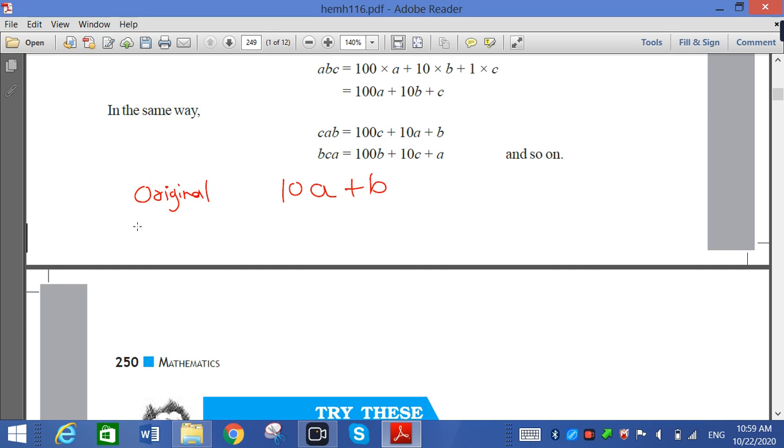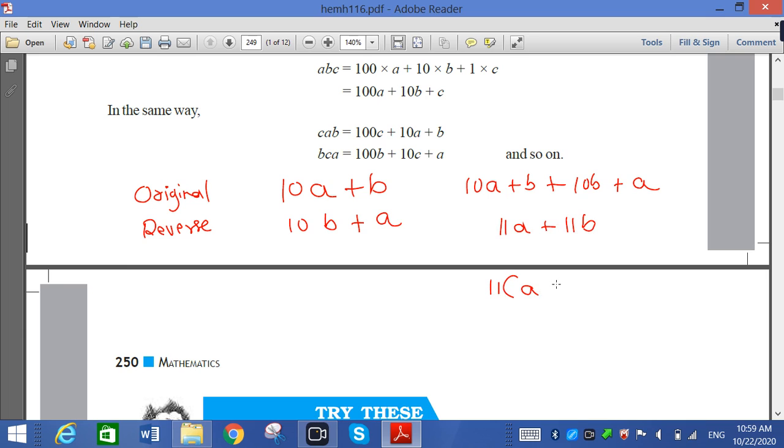Now if I reverse it, the place values change, so it is 10B plus A. Now if we add this, 10A plus B plus 10B plus A, then we get 11A plus 11B. So 11 is common, and we get 11 times A plus B. That is why it is divisible by 11.